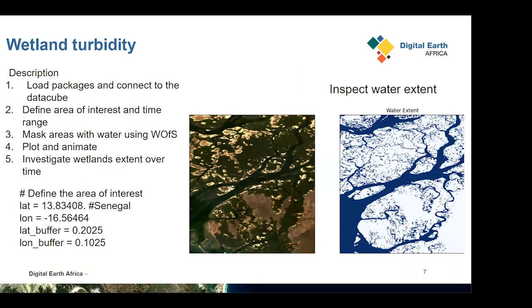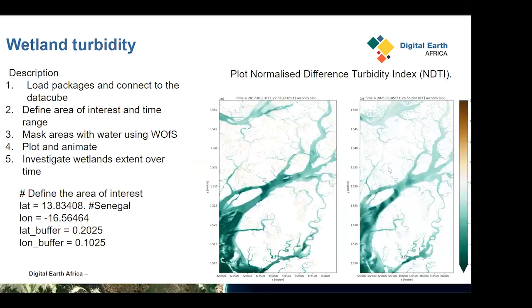It starts from 1984 to nowadays using Landsat images. When you load it, you see this was a mangrove region. We are masking the vegetated area, and we remain with water areas.